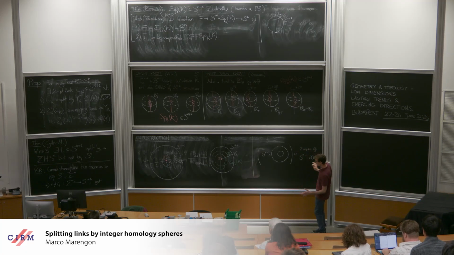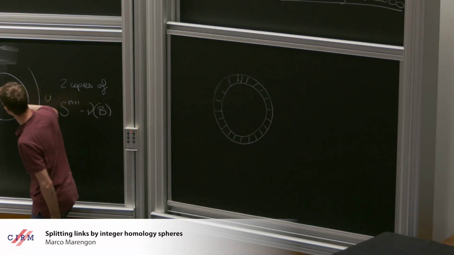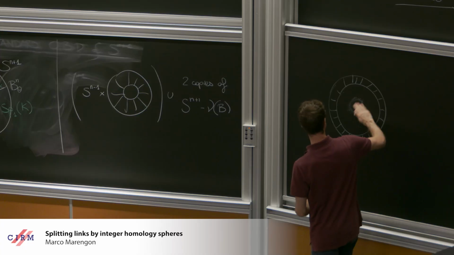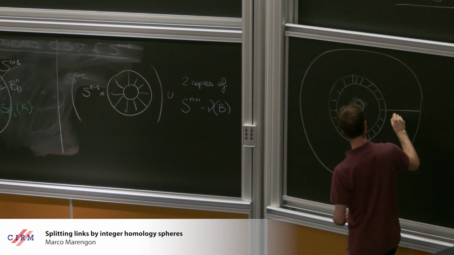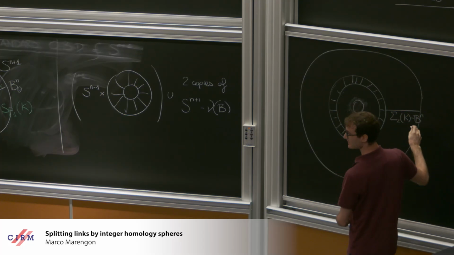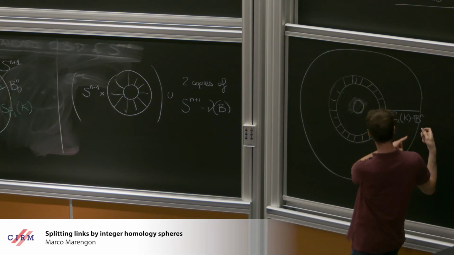So now I'm going to try to give you a rough schematic of what is going on. So this is the annulus that we have from here. Well, it's a cylinder, really, more than an annulus. And then we have a copy that is glued inside, and a copy that is glued outside. So the one outside here, we have sigma 2 of K minus B^n, as a fiber, it's just a fibration on sigma 2 of K minus B^n.